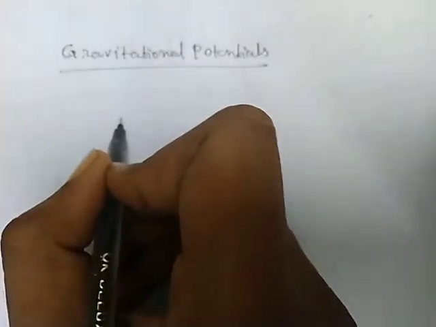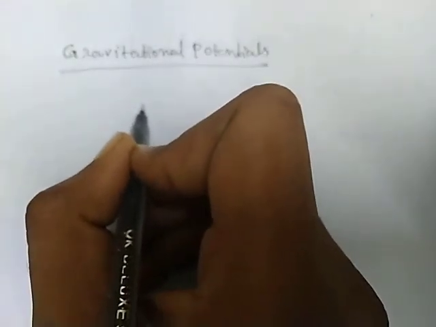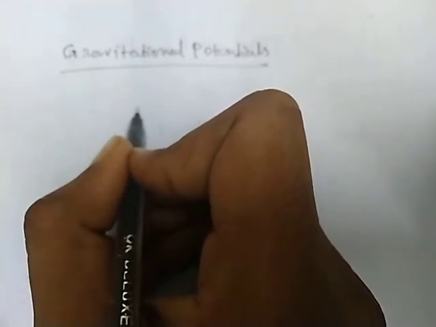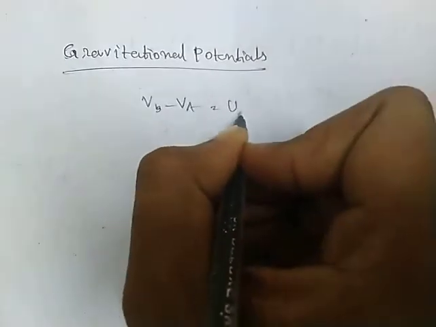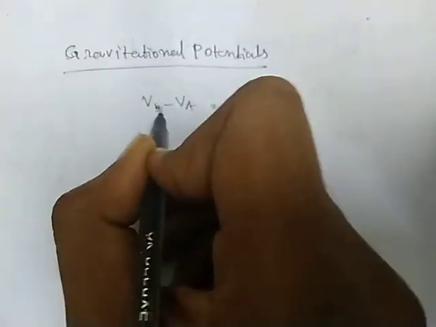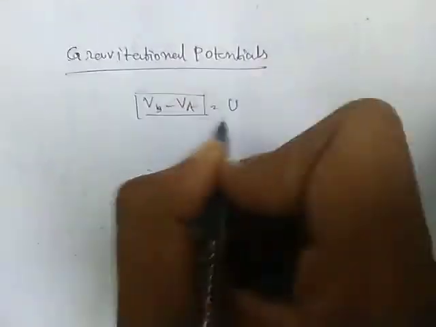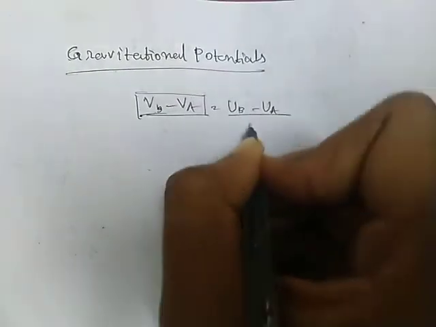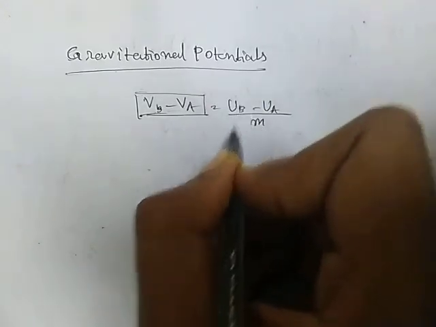Suppose some change in potential of some mass is Vb minus Va, and this change in potential is equal to the change in potential energy, Ub minus Ua, divided by the mass of that particle.